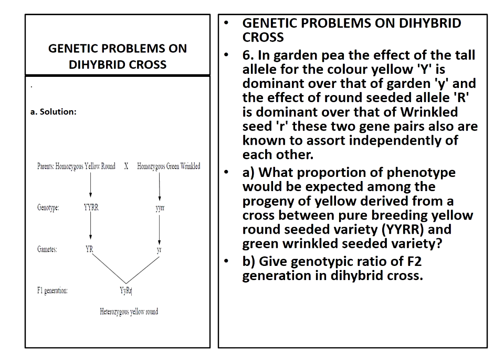These two gene pairs are also known to assort independently of each other. That is, the question says yellow, capital Y, is dominant over small y, and the round seeded allele, capital R, is dominant over the wrinkled seed, small r, and these gene pairs assort independently of each other.